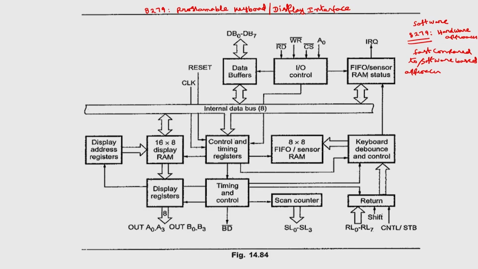Now coming to the block diagram details of this 8279, which is programmable keyboard / display interface. We have totally 5 sections, because we have keyboard as well as display in the same IC. We have keyboard section separately, display section separately. These different signals all correspond to display.